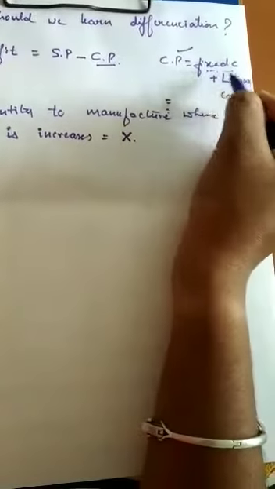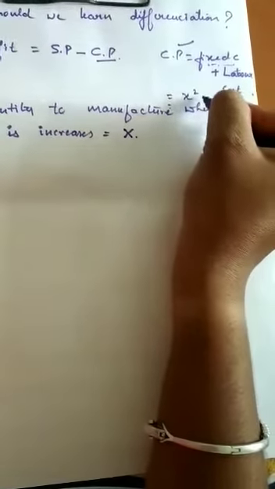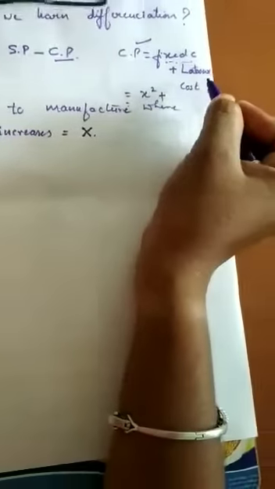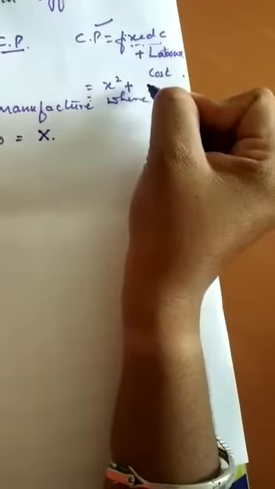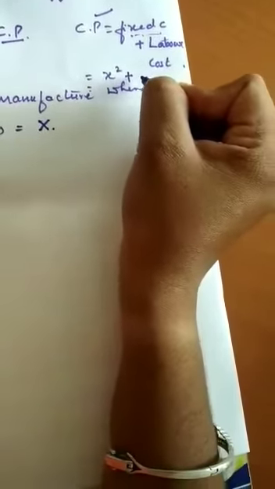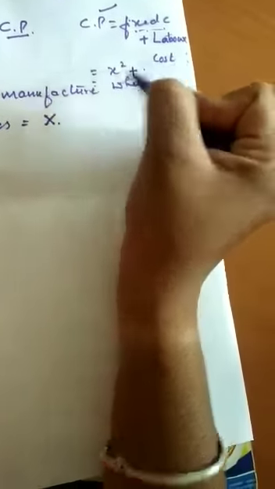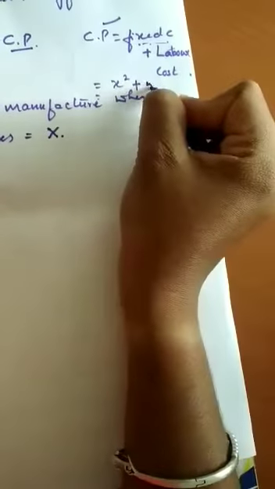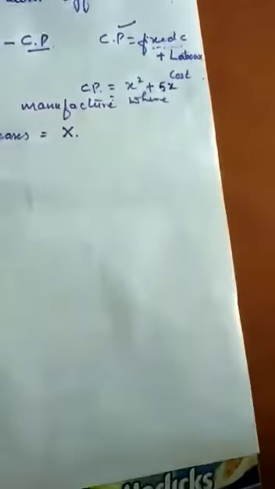The cost price: the fixed cost is X square plus the labor cost, which depends on each pen. If I consider 5 per pen, then for X number of pens it becomes 5X, right? This is the cost price.